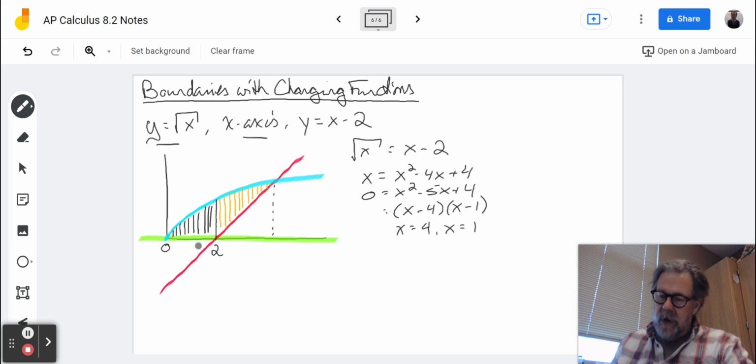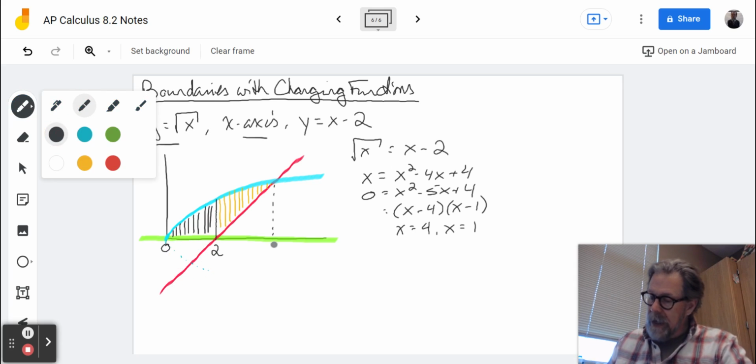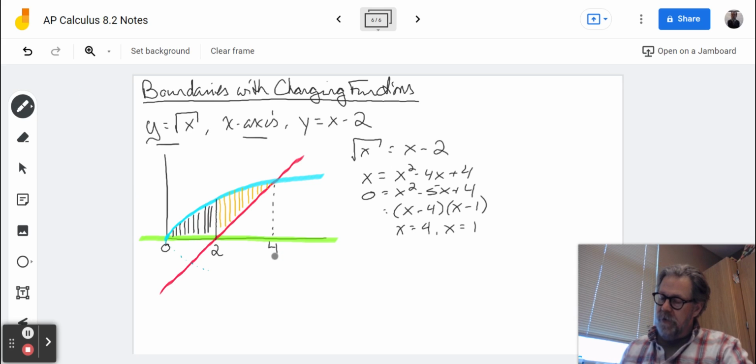Obviously, x equals 1 is an extraneous solution. If you think back to what you know about sideways parabolas versus square root of x, if the square root were a sideways parabola, it would intersect right there. Since it isn't, it doesn't, which means that the number we care about is x equals 4.